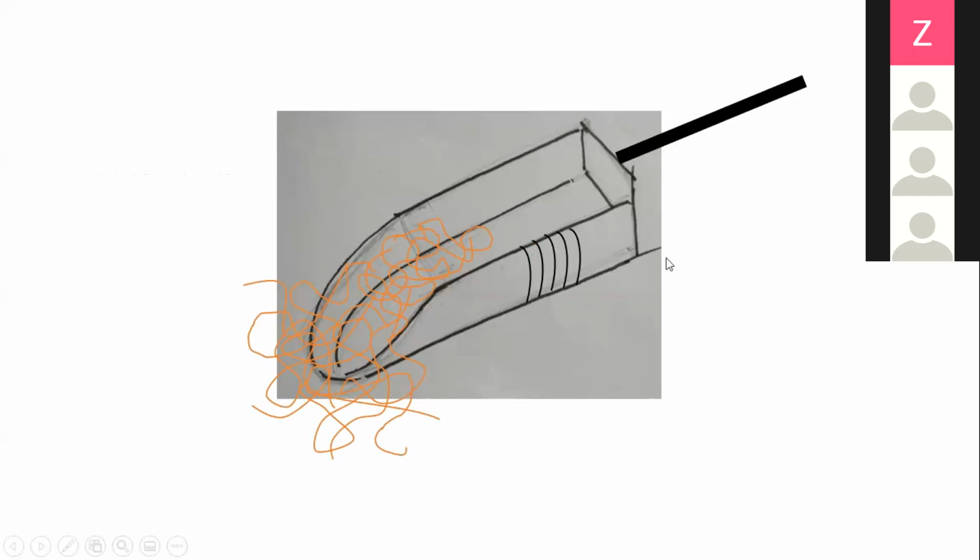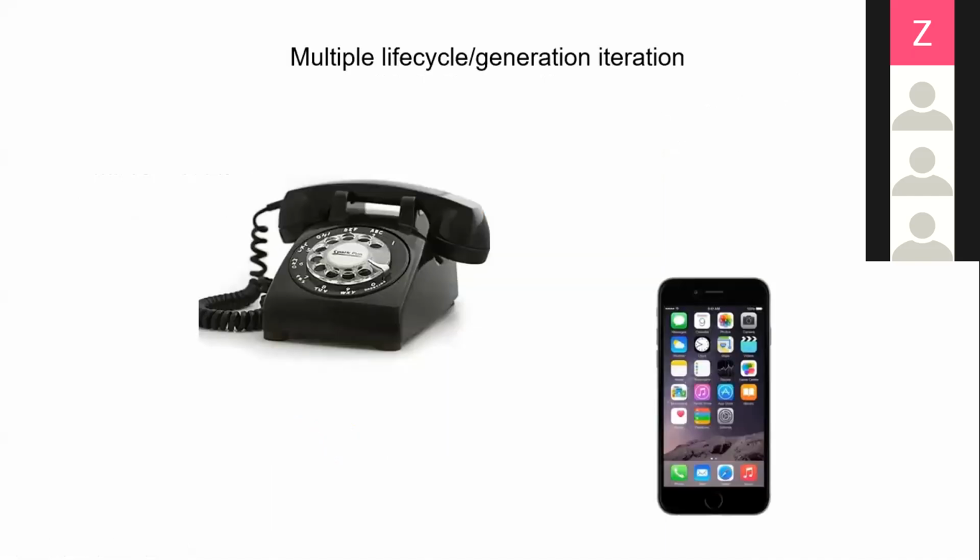So these are examples of micro iterations. Multiple life cycle generation iteration we can see as the phone, for example, how over multiple life cycles the phone has changed its form and function from this to this now.